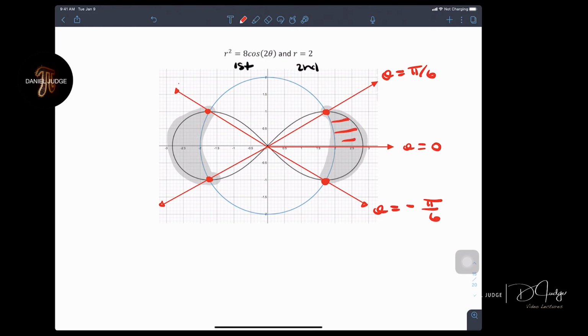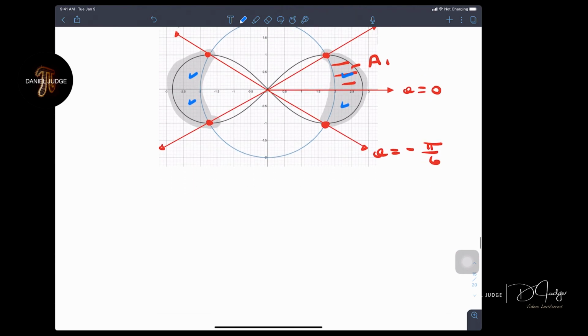So I'm going to call this A1 again. I'm going to have to find this, because of symmetry. I've got really 4 sections here, and they're all the same area. 1, 2, 3, 4. So I can say the area will be 4 times A1.